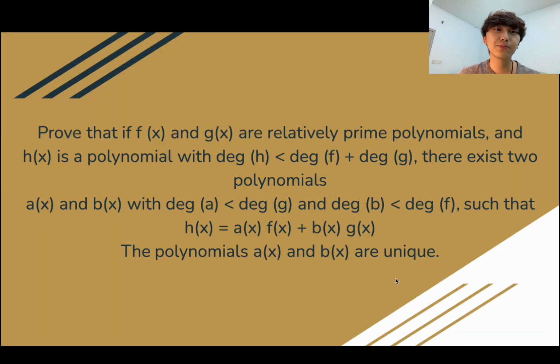So now let's prove that if f(x) and g(x) are relatively prime polynomials and h(x) is a polynomial with degree of h smaller than degree f plus degree g, there exist two polynomials a(x) and b(x) with degree a smaller than degree g and degree b smaller than degree f, such that h(x) equals a(x)f(x) plus b(x)g(x). The polynomials a(x) and b(x) are unique. So now let's prove it.